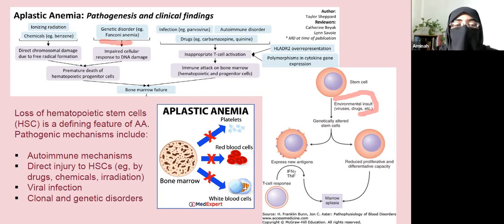So this can lead to premature death of the hematopoietic stem cells. When there is a loss of the hematopoietic stem cells, after a certain time, when the stem cells cannot balance between self-renewal and differentiation, it will lead to bone marrow failure.